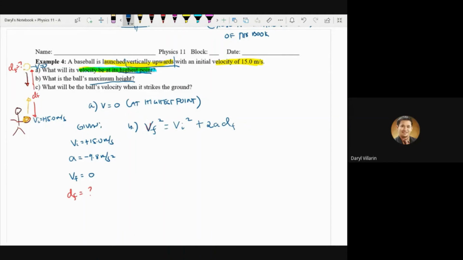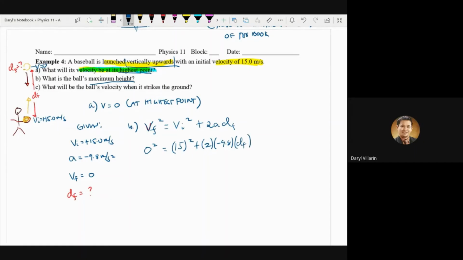So if you can see here, I don't know the time upon which it reaches that particular height. However, I know the final velocity and the initial velocity, so that fits well in this particular equation. So final velocity is 0, vi is 15 squared, plus 2 times negative 9.8 times df, which I don't know.